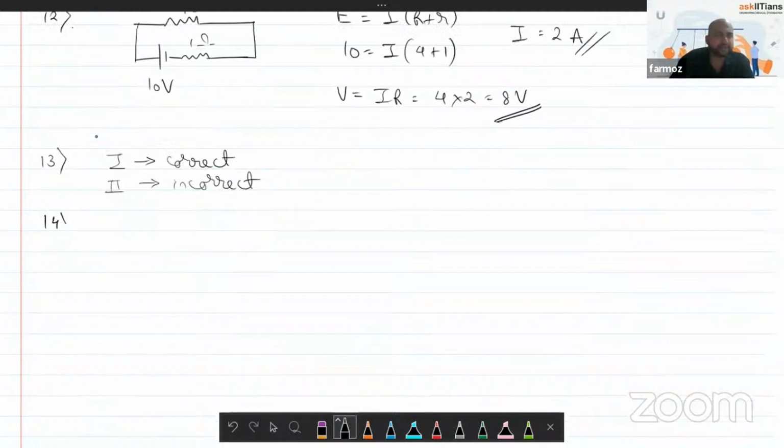Now moving on to question number 14. In question number 14, they have mentioned a question from modern physics. If c is the velocity of light in free space, the correct statements about photon among the following are: A, the energy of photon E is equal to h nu; B, the velocity of photon is c.